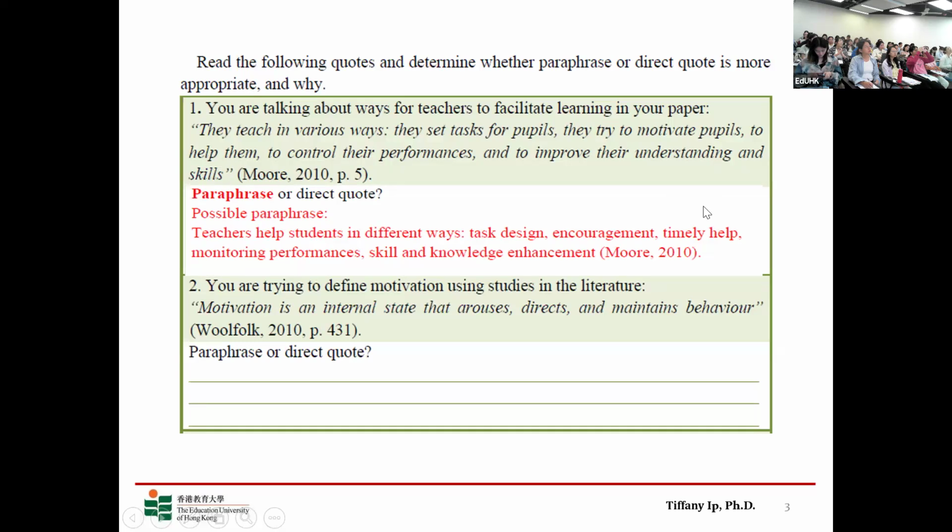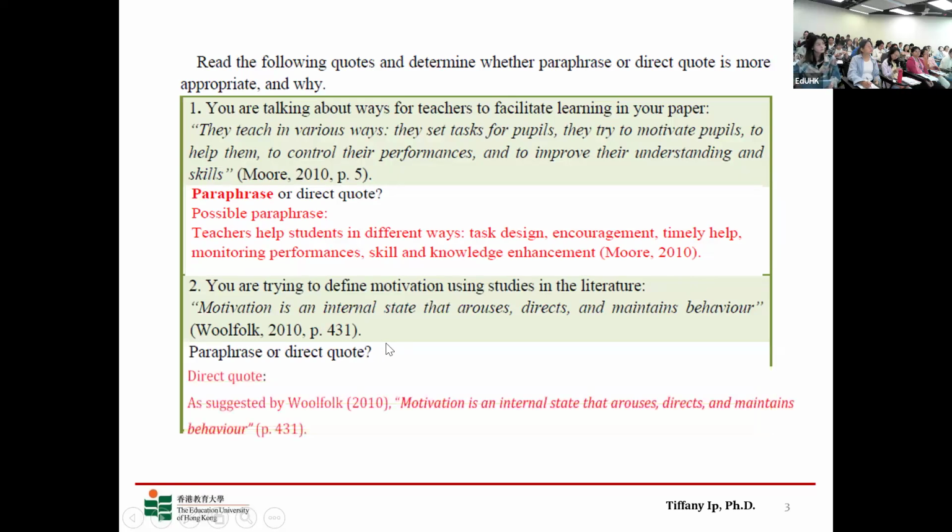And then help them becomes timely help, control the performances becomes monitoring performances. Adjourn is also a noun phrase, and then improve the understanding and skills becomes skill and knowledge enhancement, right? And then at the end, you have the source, because I don't use any direct quotes here, so you don't need the page number, all right? And then this one, I told you we accept direct quotes.